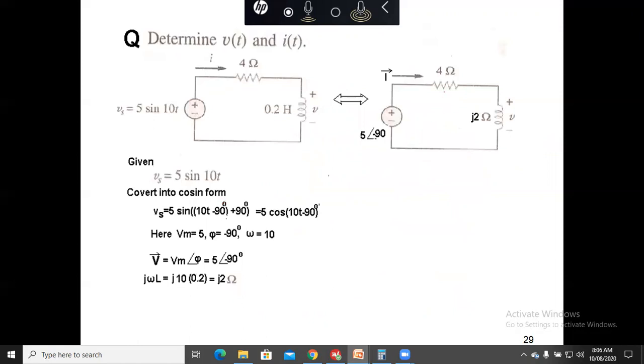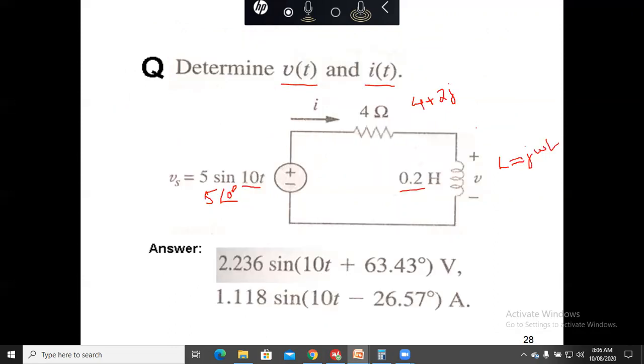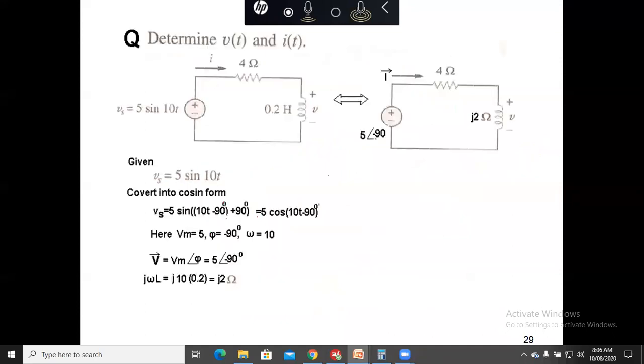This is 4 plus j2, and the value of the source for sine is 5 at the angle of 0 degrees, and we convert it into cos, so it will be 5 at the angle of minus 90 degrees.